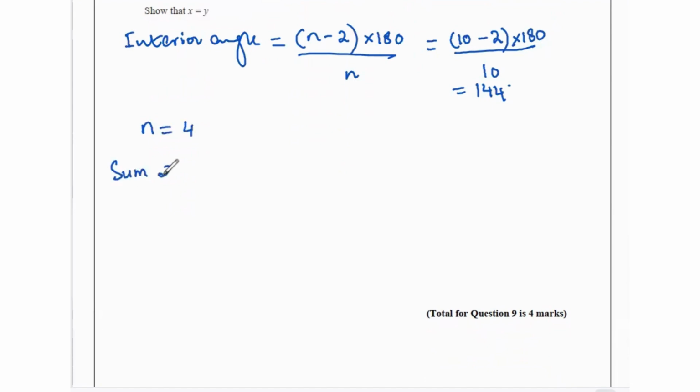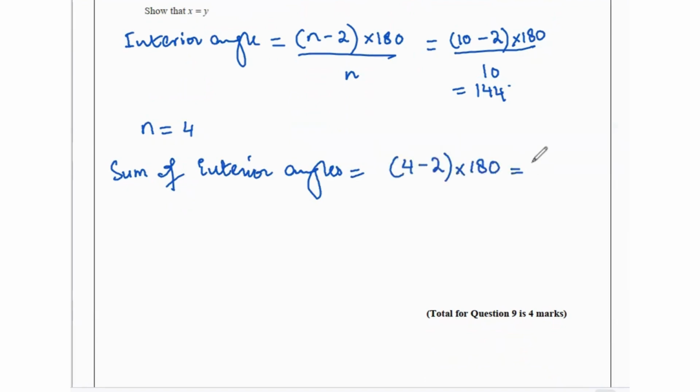Sum of interior angles would be 4 minus 2 times 180, which is 360 degrees. It's a quadrilateral, so the sum of interior angles is going to be 360.